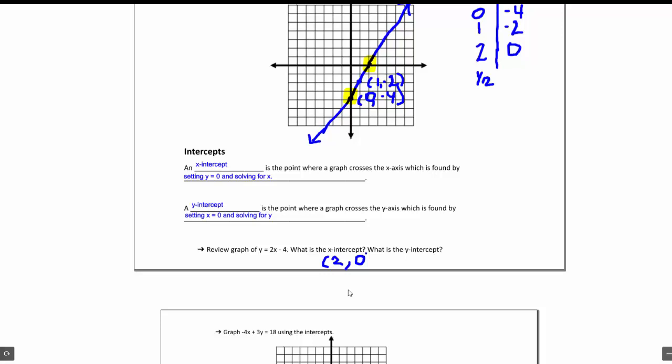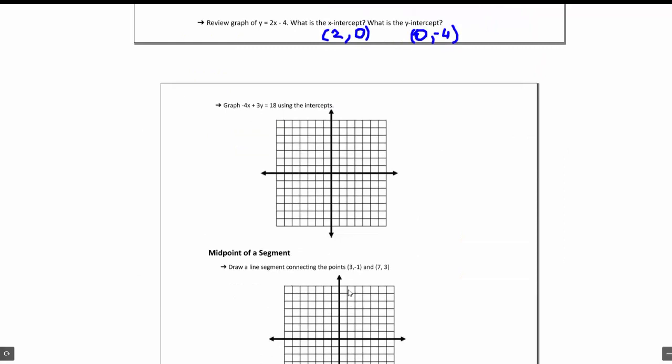So our x-intercept, we already said, is the point (2, 0). The y-intercept is (0, -4). Again, I'm listing those as ordered pairs with the parentheses and the comma. Don't forget to put the parentheses around them, otherwise it doesn't represent an ordered pair, and you're not communicating clearly what those points represent.